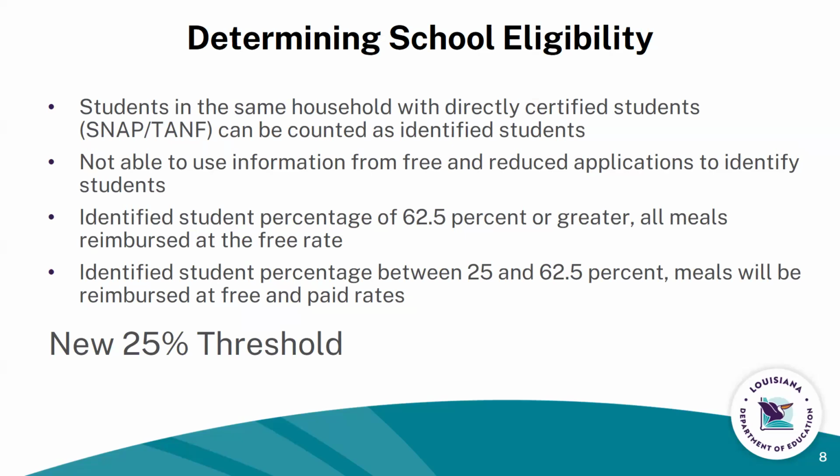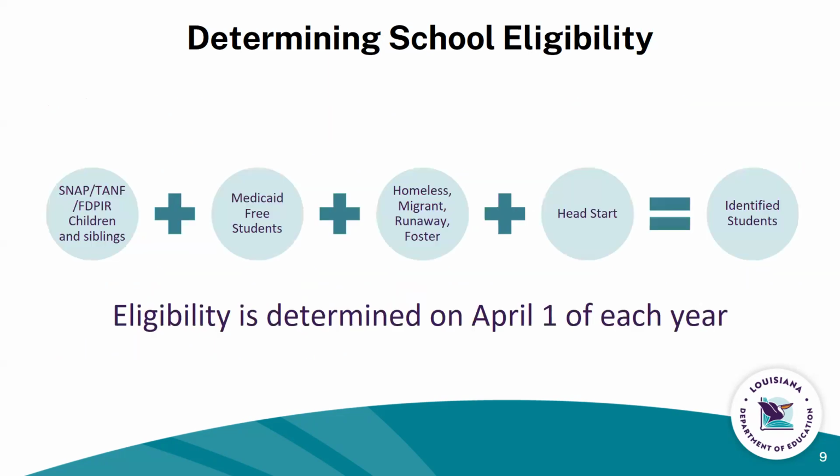And if the identified student percentage falls between 25 and 62.5%, then meals will be reimbursed at a combination of both free and paid rates. Reminder, there was a new 25% threshold as of 2024. So determining school eligibility, once again, all children that fall into the categories listed are referred to as identified students.